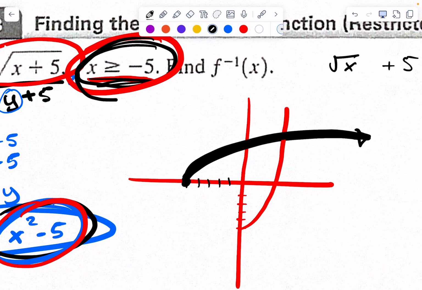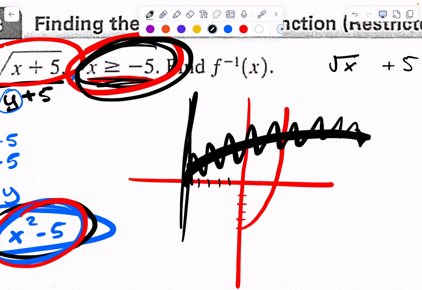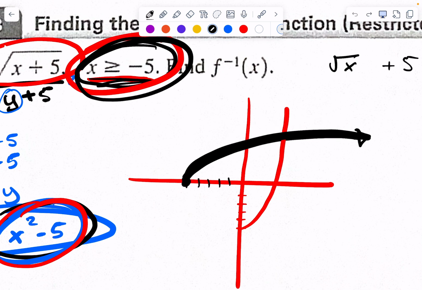That's what we have here, right? And they're saying x has to be greater. So here's where negative 5 is on the x-axis. They're saying x has to be greater than negative 5 in order to be that guy. So it needs to be greater than where it hits the axis. Where does it hit?